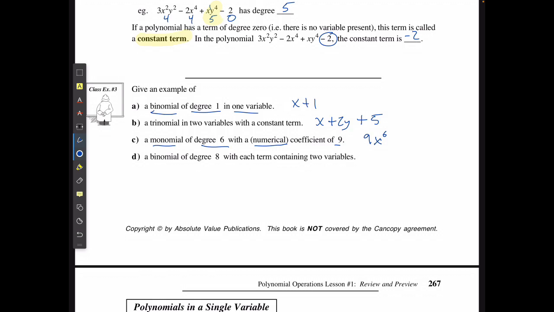If I need a binomial with a degree of 8 and each term containing two different variables, well, I could have something along the lines of x to the 7, y, there's my degree of 8, and then I could say that this would be added to 2x, y.